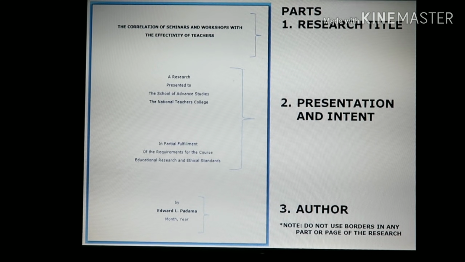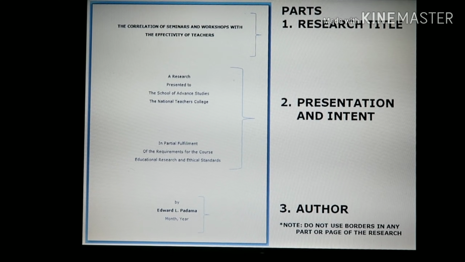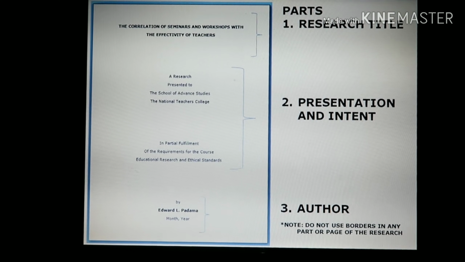And then the last line under the second part of presentation and intent is the title, the name, not the code of the subject. So in this case, the title of the subject is Educational Research and Ethical Standards.